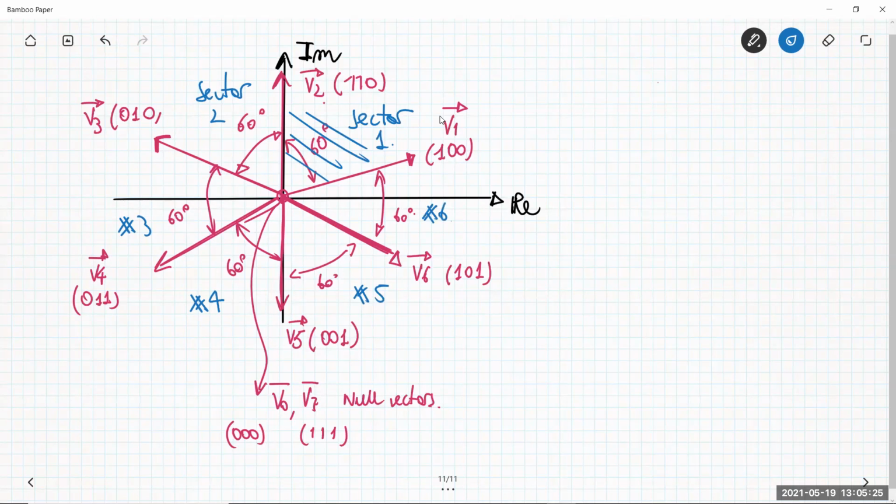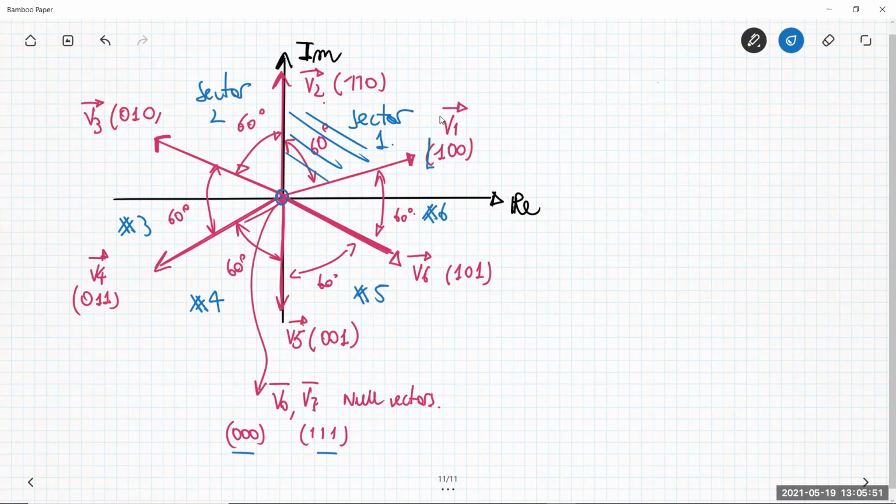You have 6 sectors, and each of these sectors has an angle of 60 degrees. All these space vectors have the same amplitude, which is 2Vd divided by the square root of 3. And then you have 2 null vectors that correspond to 2 switching words that are located exactly in the origin of this complex plane.